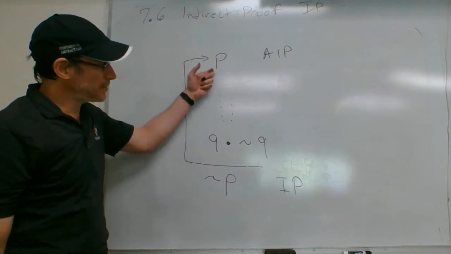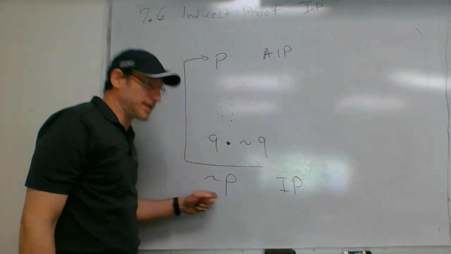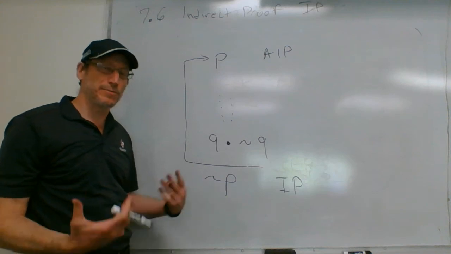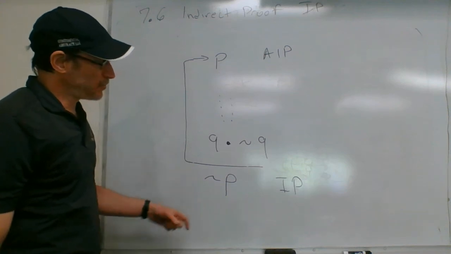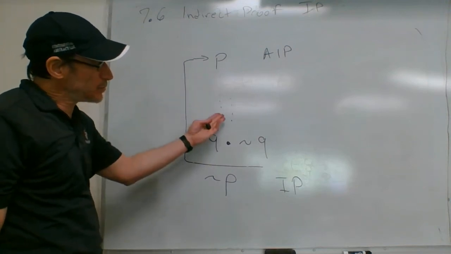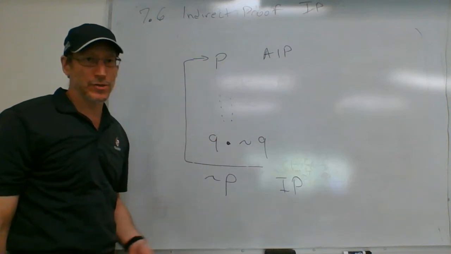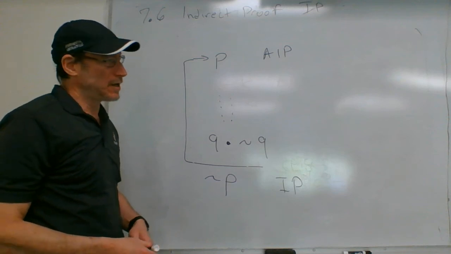But whatever P is, the conclusion of an indirect proof is going to be, it's not the case that whatever P was. Now, that's why it's called indirect proof. It's called indirect proof because you're proving that something is not the case. You're taking something and showing that it leads to a contradiction, so therefore the opposite of it is true. And that's why it's called indirect proof.